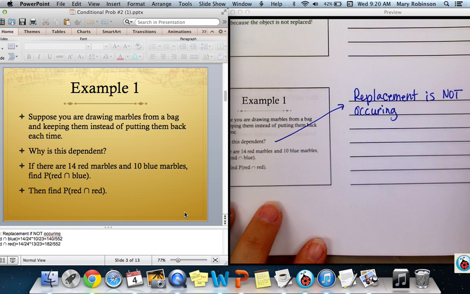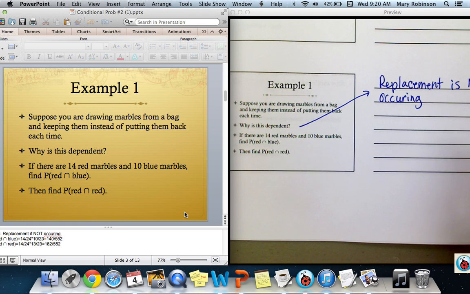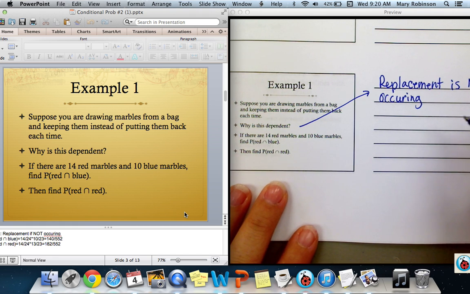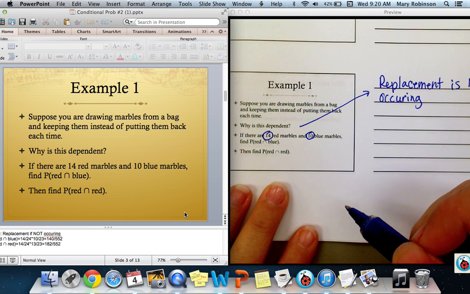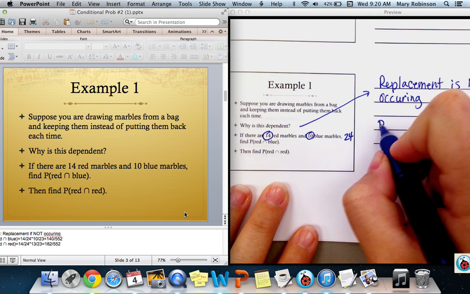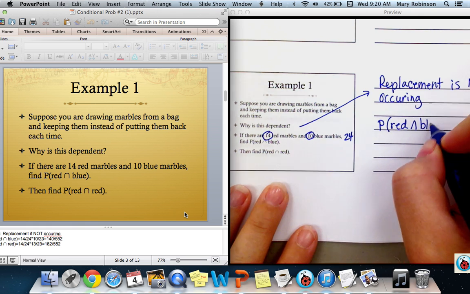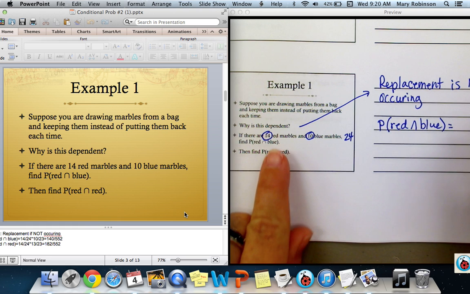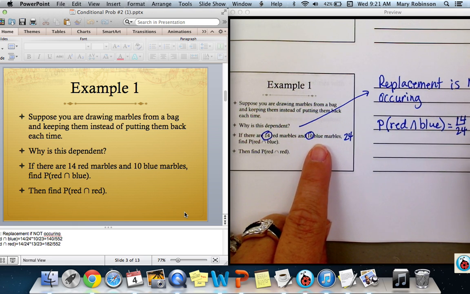Okay? So let's see. If we have 14 red marbles and 10 blue marbles, let's first find the probability of having a red and blue marble. Well, we need to, of course, know how many marbles we have total. So if we add 14 and 10, we get 24. So if we want to know the probability of red and blue, we first find the probability of the marble being red, which would be 14 out of 24, and we multiply that by the probability of getting a blue.